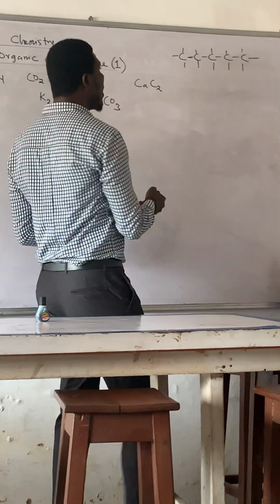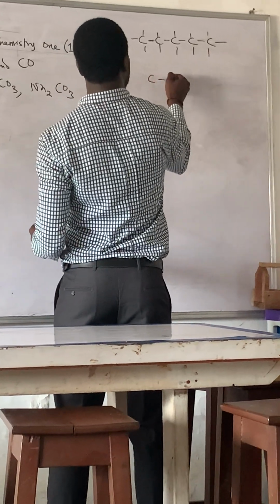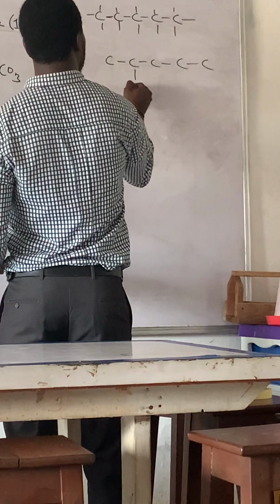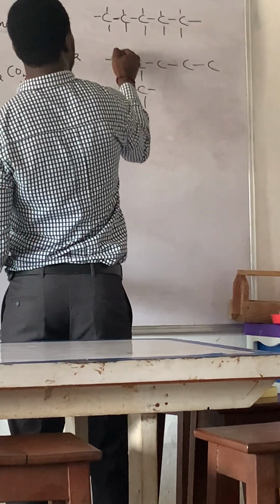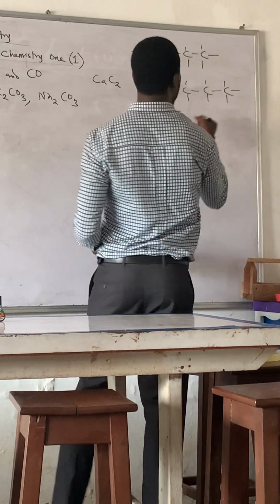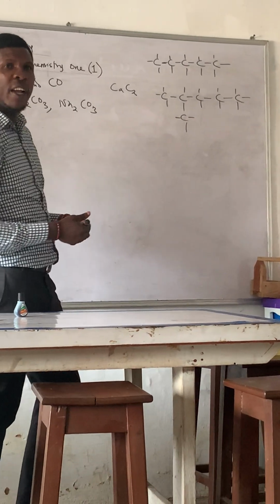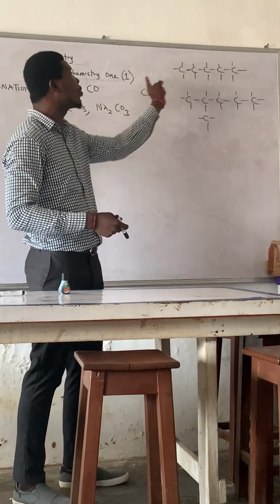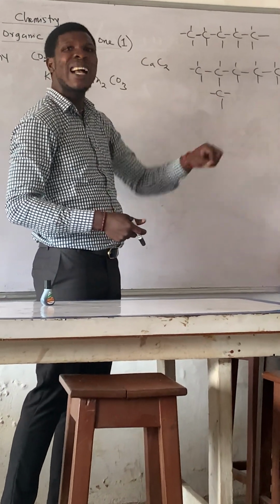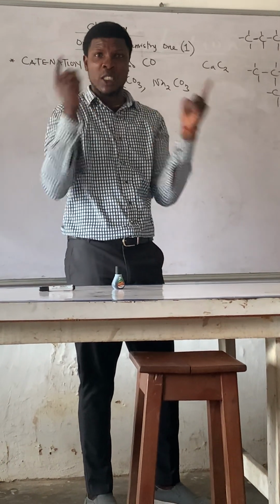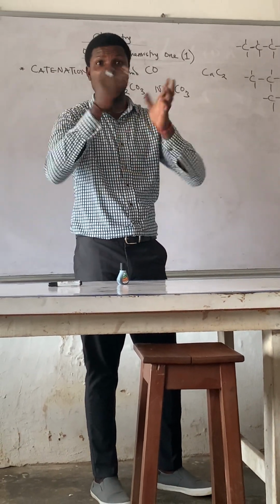And what about in terms of a branch chain? You will now see something like this. You see carbon atoms also linking with one another to form a chain like this, and this chain is referred to as a branch chain. You can see, of course, the chain is not straight. Carbon also has the property of combining with itself to form a closed chain, or sometimes we call it a ring.